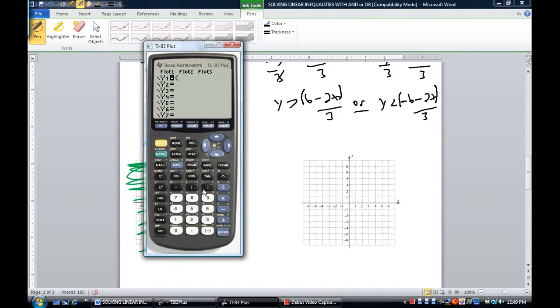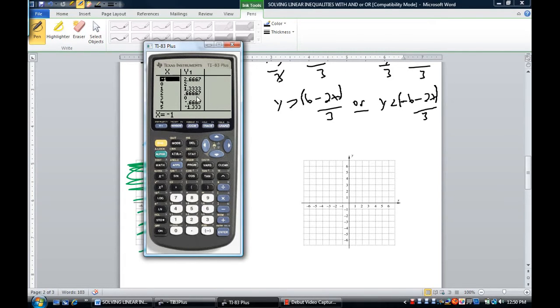So here we go. Let's type the first one. 6 minus 2x close parentheses divided by 3. And let's just go ahead and find the greater than, so we don't have to come back to this. So we know we're going to shade above. Let's go to our table and see what we can find. I need points so I can definitely graph.